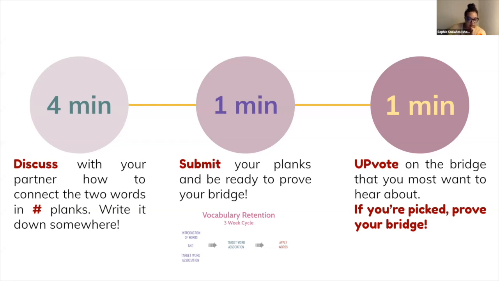Yeah, it's in the Padlet. And then we're going to upvote the bridge you want to hear somebody unmute and explain the most, okay? And if you're picked, you're going to have to prove your bridge.